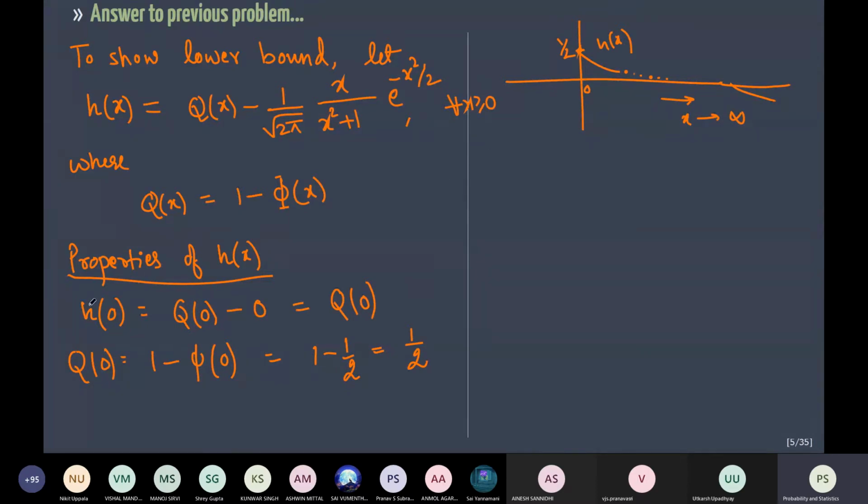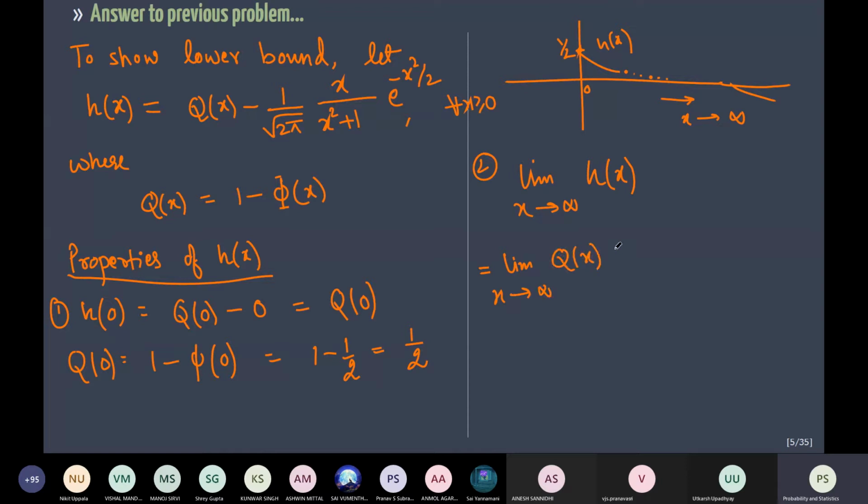So we have h(0), which is the first property, and the second property is the limit as x tends to infinity of h(x). What will happen to this guy? So this is the limit as x tends to infinity.